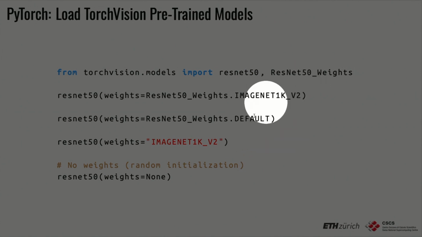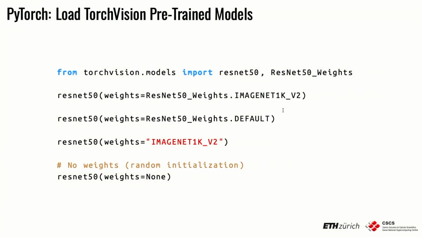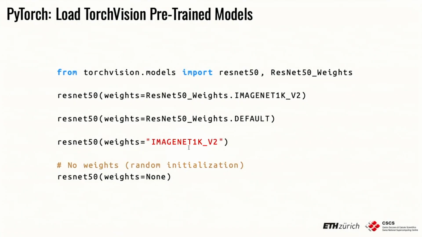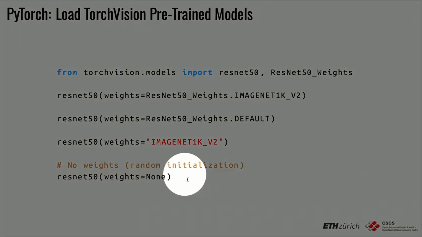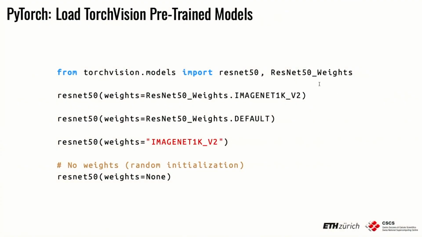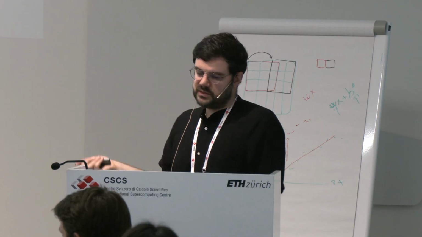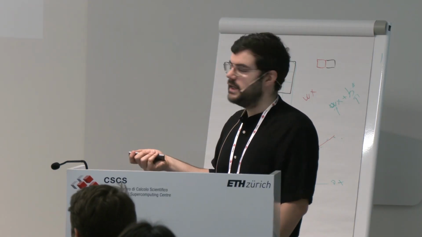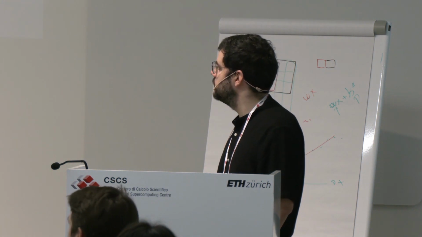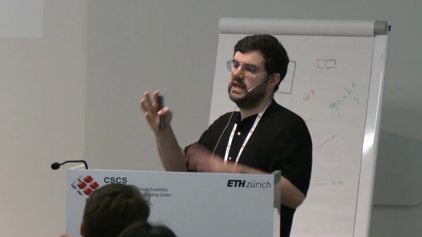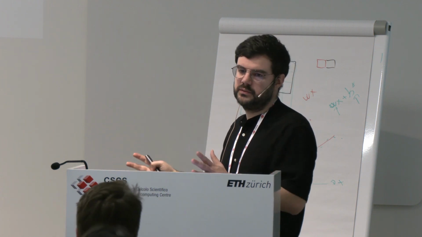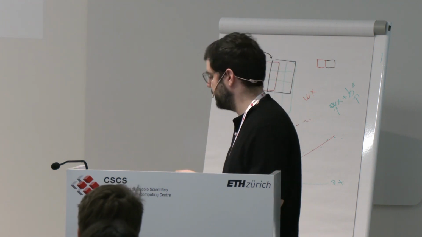It is also the default, so there are usually many pre-trained parameters, but you can select the default, and you can also pass a string with the name of the parameters for convenience if you don't want to import this. And then if you just want the model and you don't want the pre-trained weights, you can just say weights equal None, and you just get the model architecture, but with randomly initialized weights, and so you have to retrain it from scratch, essentially.